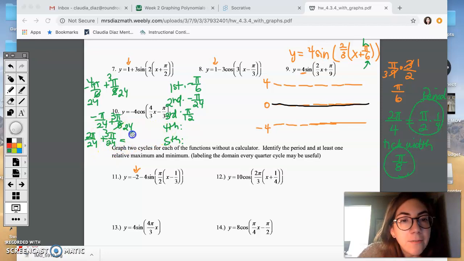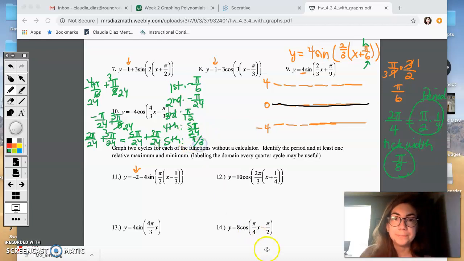That's going to give us 5 pi over 24. And then add one more tick width, pi over 8, which is 3 pi over 24. That's 8 pi over 24, which is pi over 3. Yep, right, 8 pi over 24 is pi over 3.